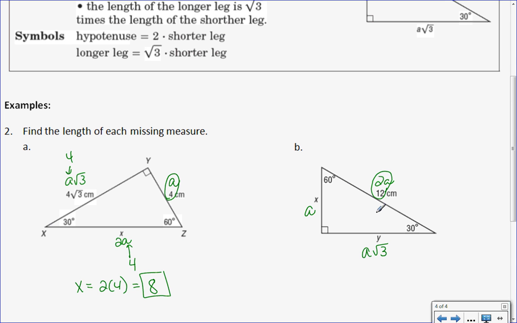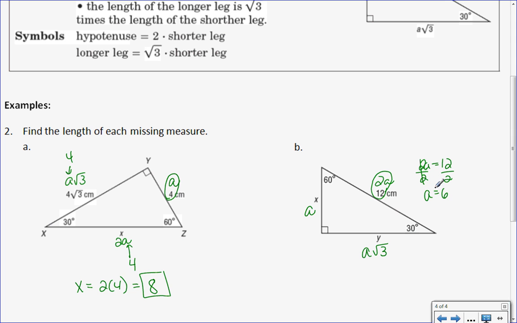And hopefully you'll be able to do this in your head. If 2A is 12, then A would obviously be 6. But if for some reason maybe the numbers just look a little funny, maybe it doesn't quite jump out at you right away, we can just set up a quick equation to solve that. If 2A is 12, then A would have to equal 6.